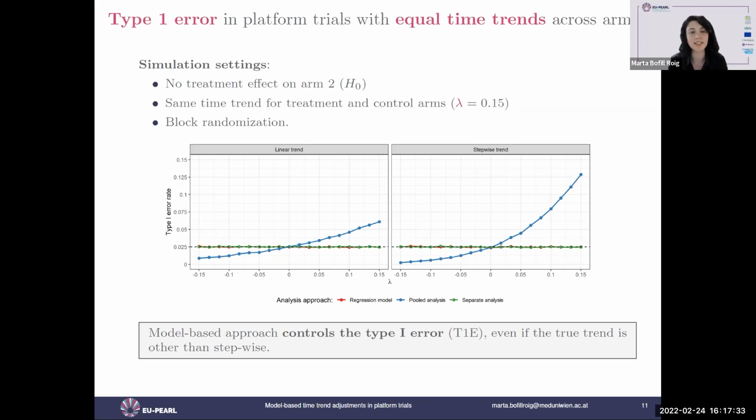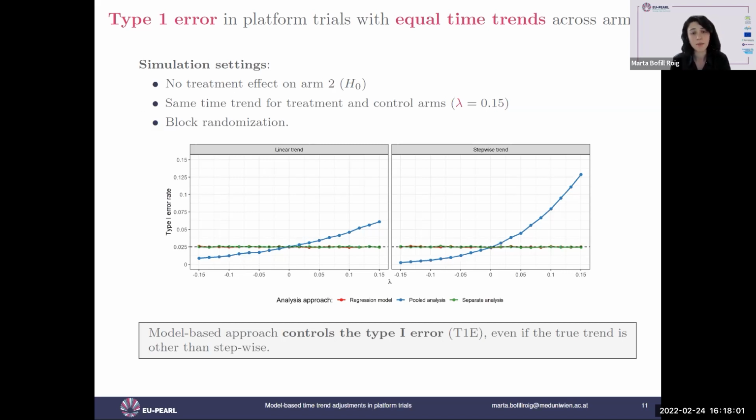What we see is that the separate approach maintains the type 1 error and that the pooled analysis leads to an inflation for positive time trends. The model-based approach performs similarly to the separate approach, so that both the separate approach and regression model curves overlap, and thus the model approach maintains the type 1 error despite the pattern of the time trend.